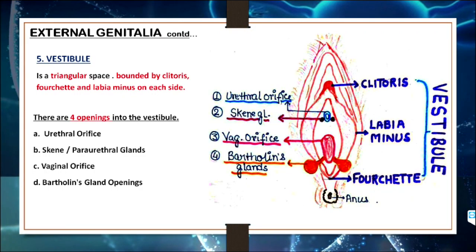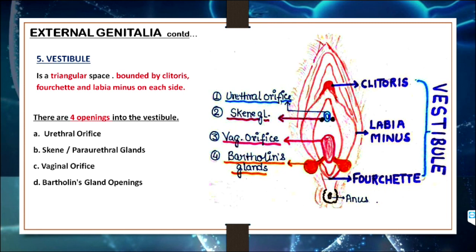Now you can see in this slide vestibule is there. See the diagram of the vestibule. This diagram I did not find very clearly either in Google or in the books, so that's why I made it especially for you. So vestibule, a question also has been asked in the exam regarding vestibule.